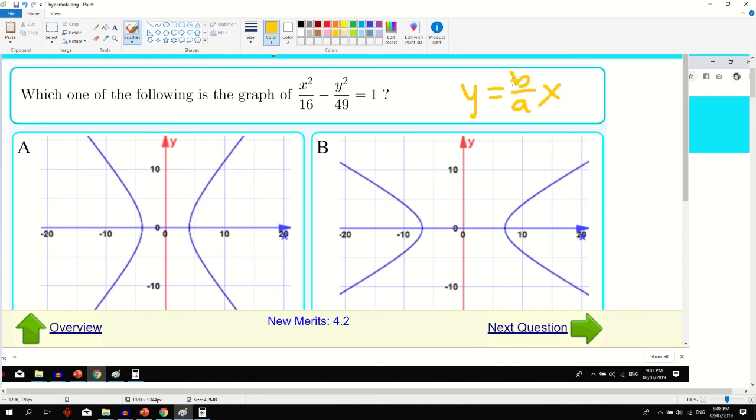Okay, so b is what? We will square up that. So 49 square root is 7. 7 times 7, 49 over 4x. So that should be the 7 over 4. So that should be the slope. So 7 high, and 4 low.